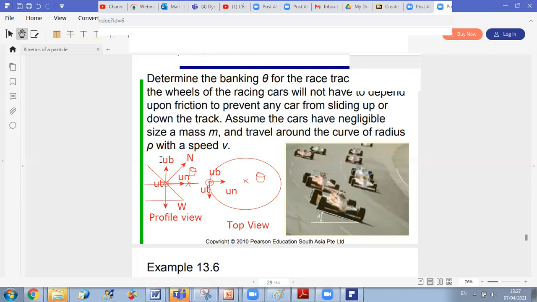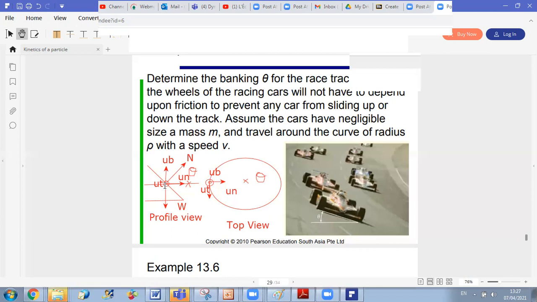It is the normal reaction that will drive my motion here. Because when we write sum of N equals MAN, the only contributor to AN will be the normal force, since the weight is perpendicular to UN. So the inclination of the plane is what helps the car to move without relying on friction.